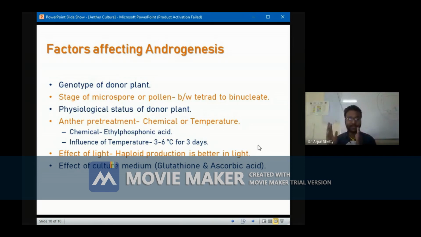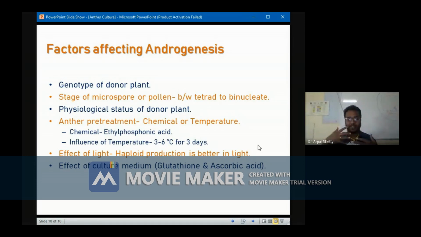The microspore or pollen should be between the pollen tetrad condition and the binucleate stage, with each microspore or pollen comprising two nuclei. Pollen at this stage between the tetrad and the binucleate stage will give greater results than any other stage, such as the early tetrad stage or the post-binucleate stage.